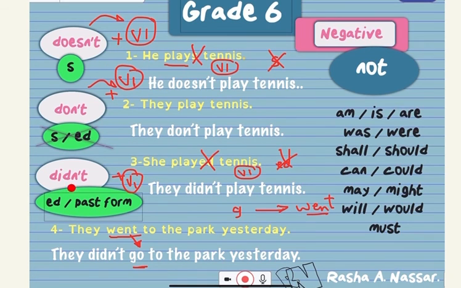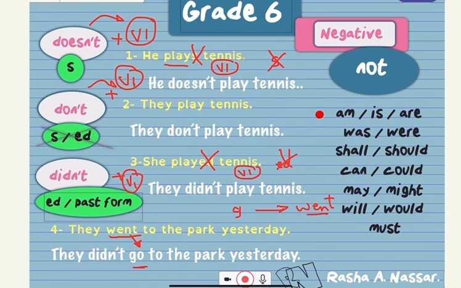And if you see ED or past form, just like went, for example, or bought or saw, you will use didn't plus V1. And if you don't see S or ED and you see only one verb, play or go or visit or travel, you will use don't followed by V1.